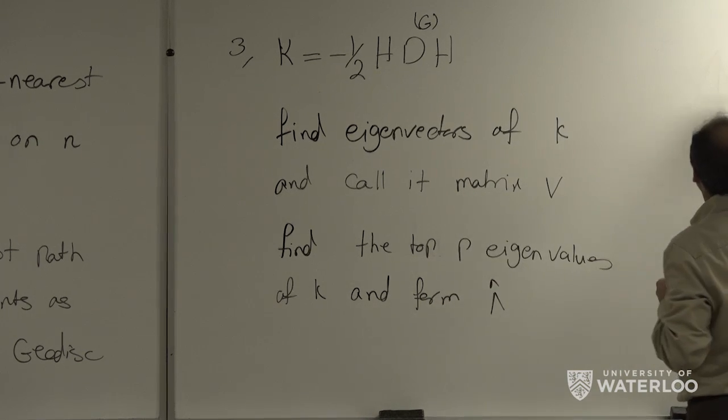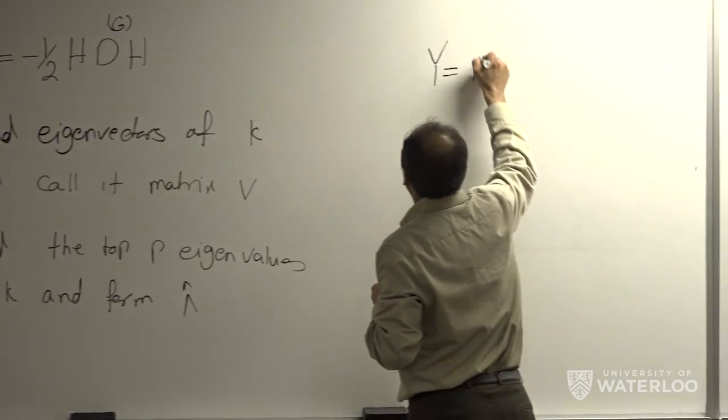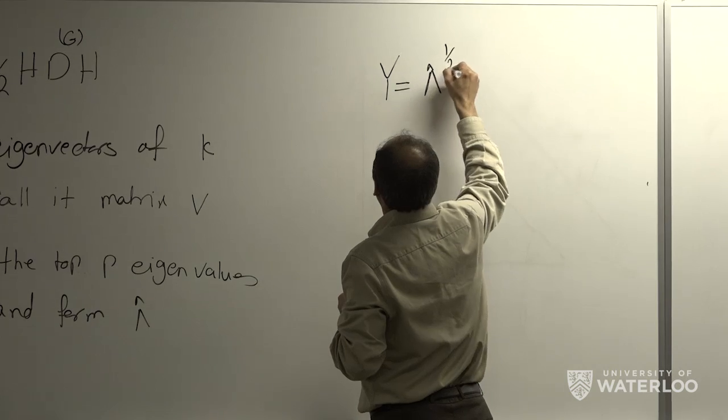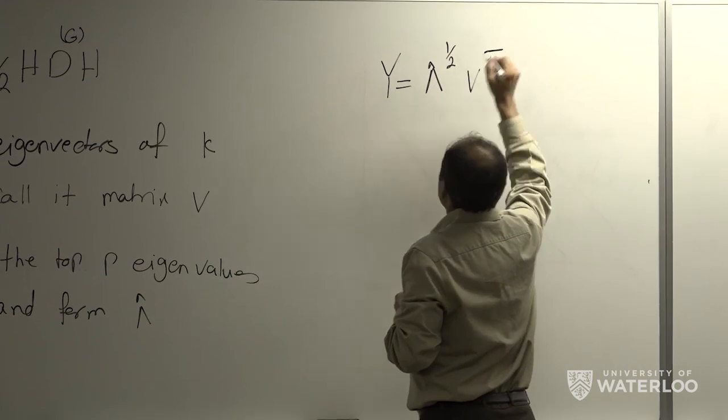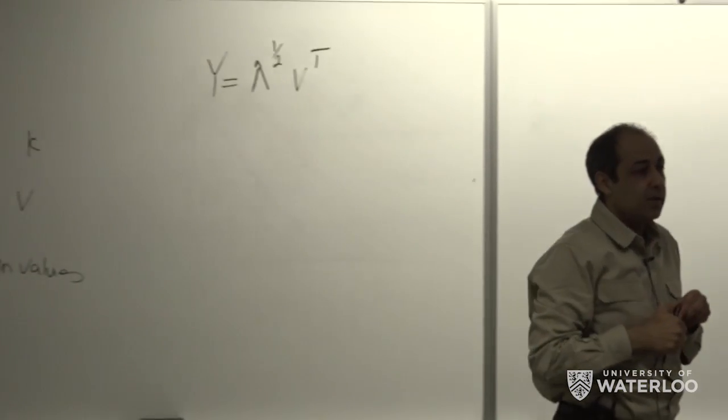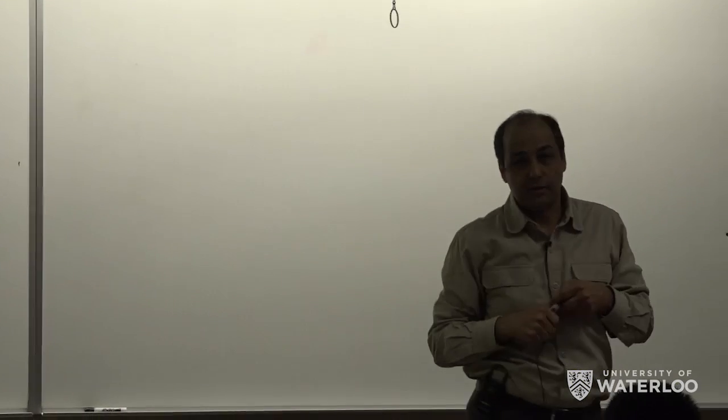Then the solution would be lambda hat square root V transpose. That's our low dimensional representation of the data.